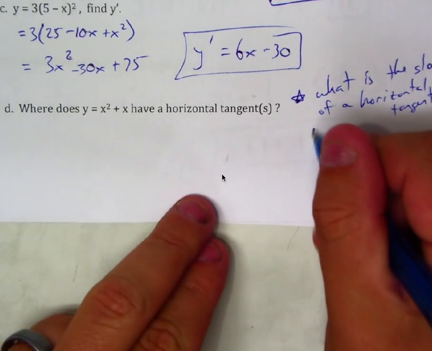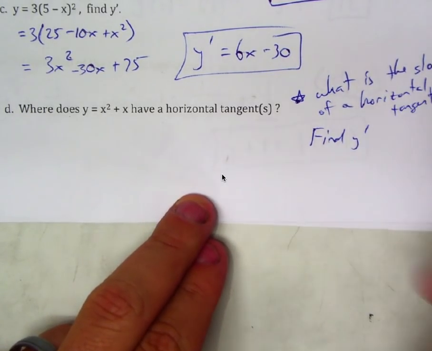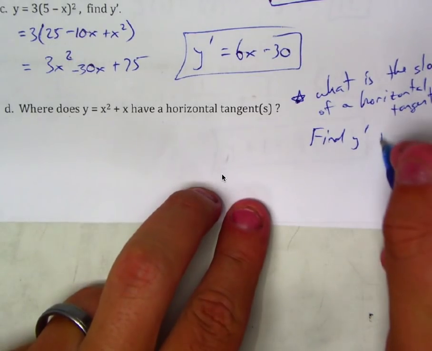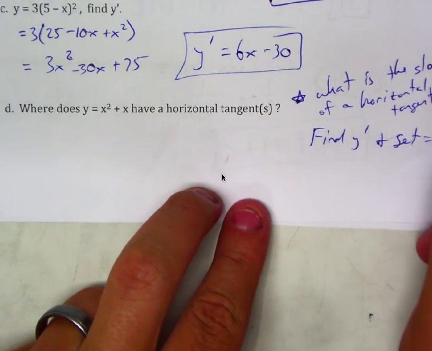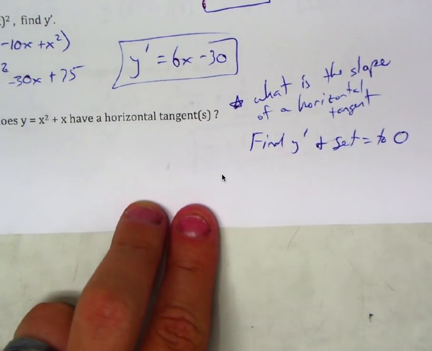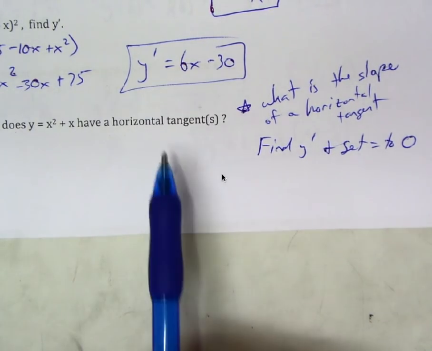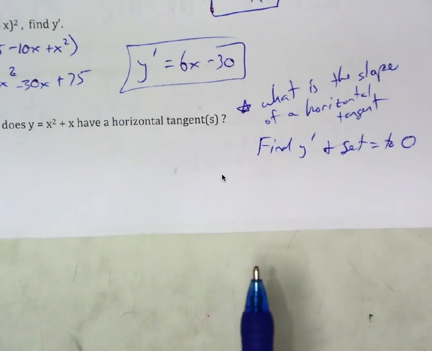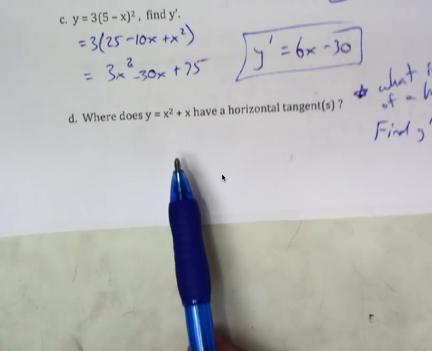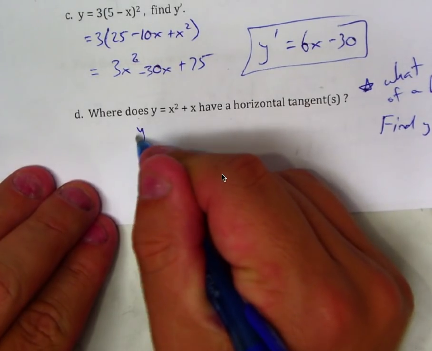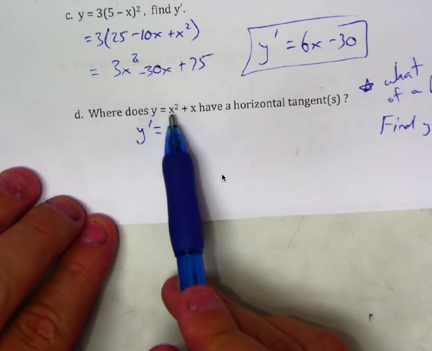So we're going to find y prime and set it equal to 0. That's the goal. Find the derivative, figure out where the derivative equals 0. That is where it's going to have horizontal tangent lines. Okay, so the derivative is going to be 2x plus 1.